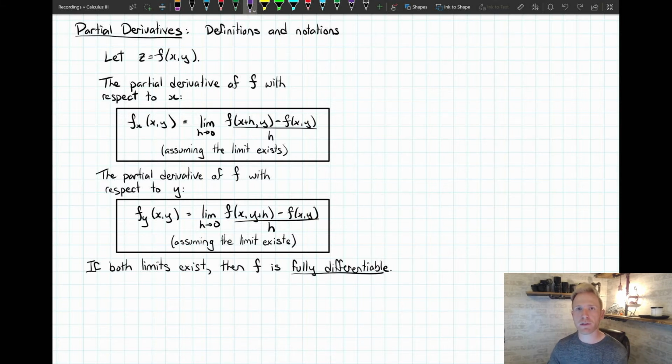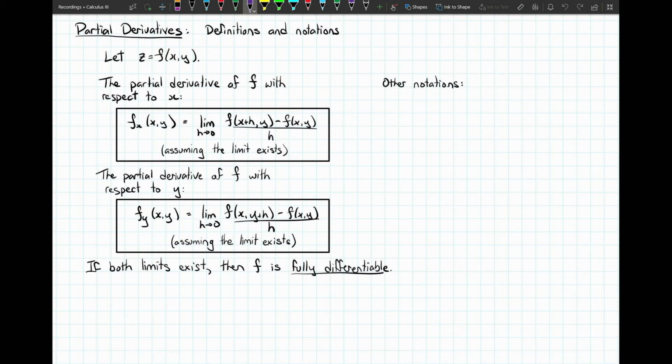We have a similar sort of notation here with partial derivatives as well. For the partial derivative of f with respect to x, we can use this f sub x notation. Sometimes I'll just say that's f_x of (x, y), or I'll say f partial x of (x, y). But we can also say that if z is a quantity dependent on x and y, we might write the partial derivative of z with respect to x.